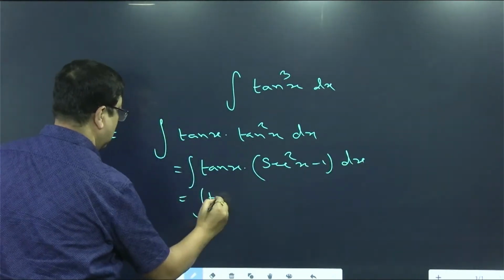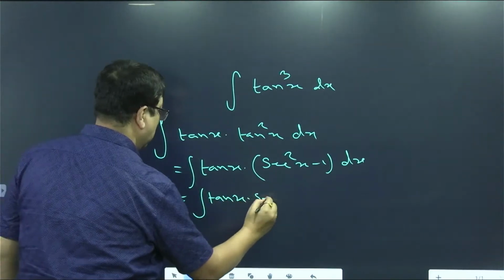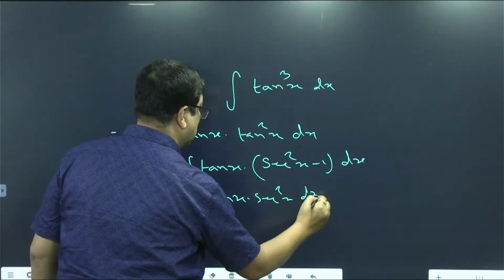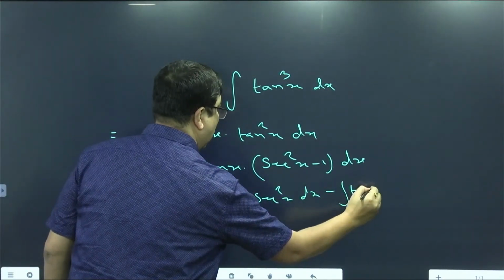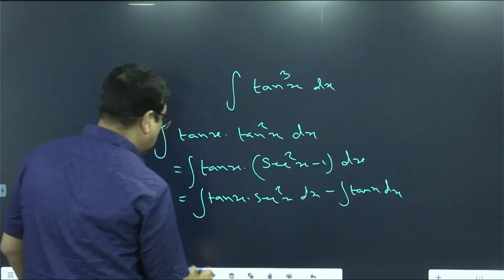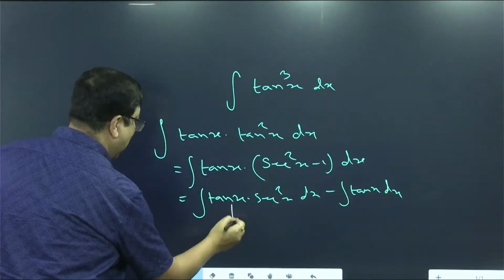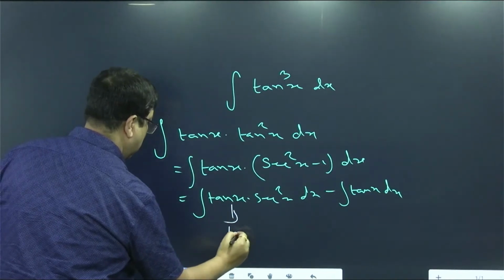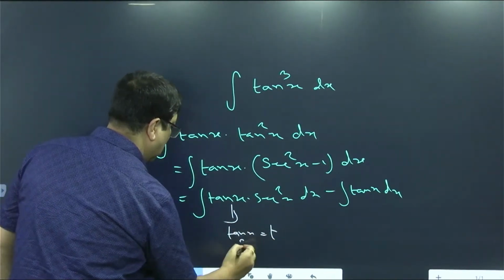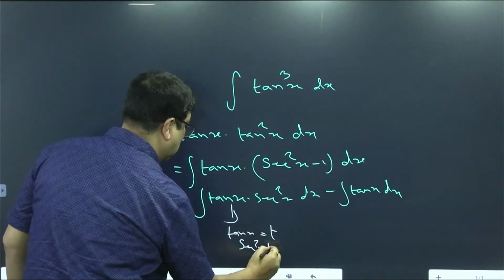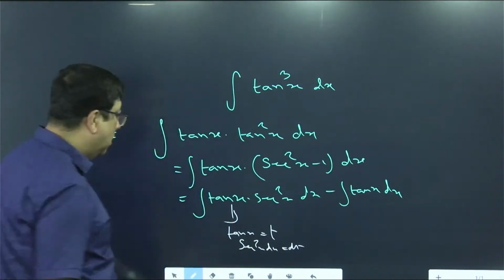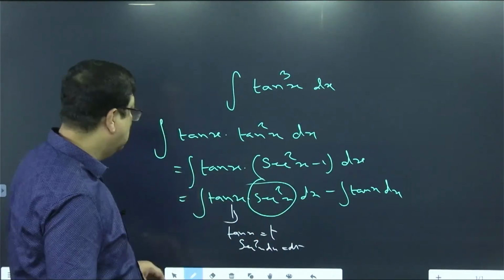So tan x into sec square x dx minus tan x dx. So if we take tan x equal to t, so sec square x dx equal to dt.